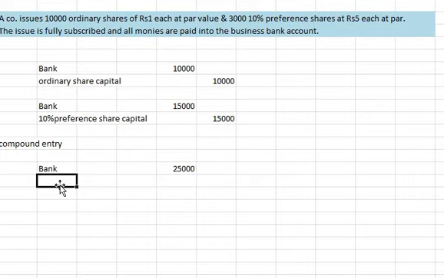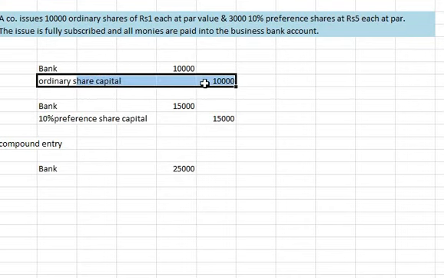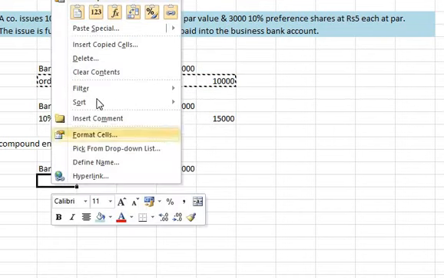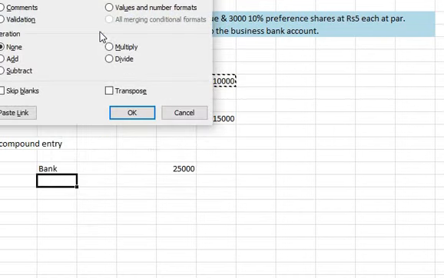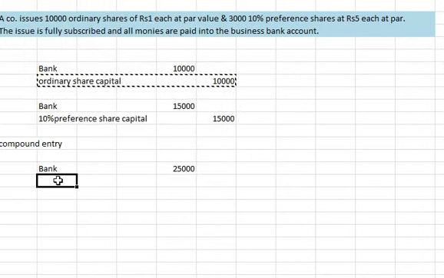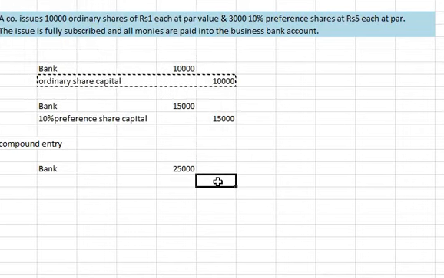To ordinary share capital we will be writing 10,000.